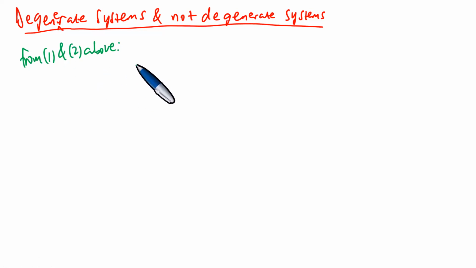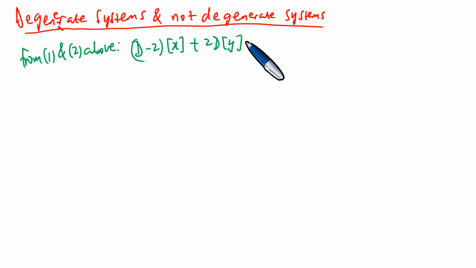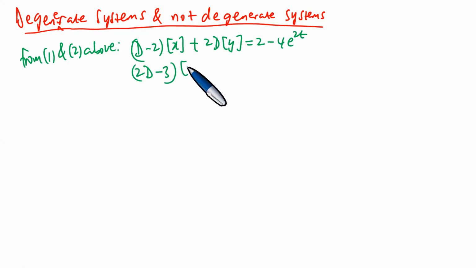Okay, I'm just going to cite the systems here, which is exactly D minus 2 operating on x plus twice D into 1, which is 2, minus 4e to the twice t, twice D minus 3, x plus 3D.